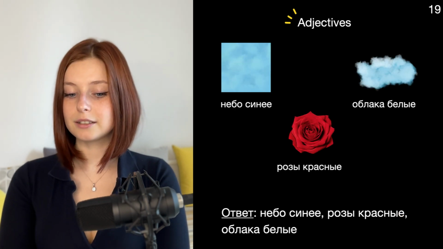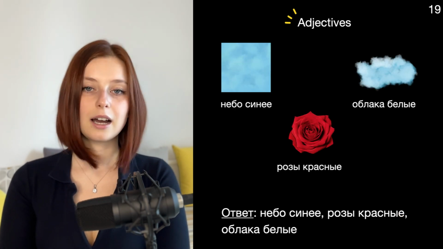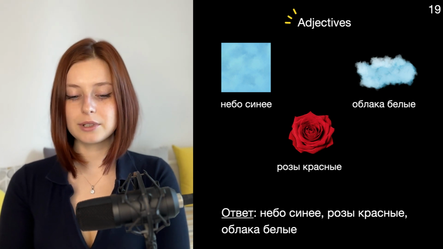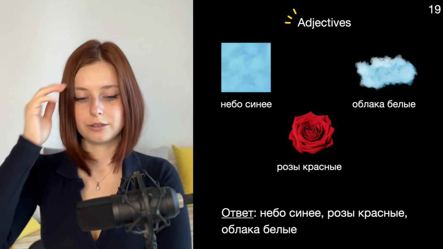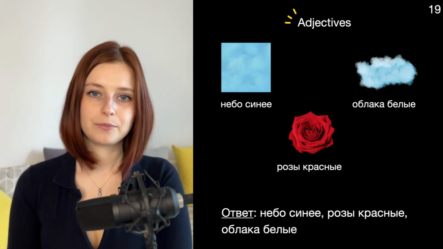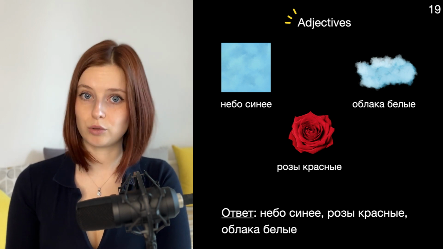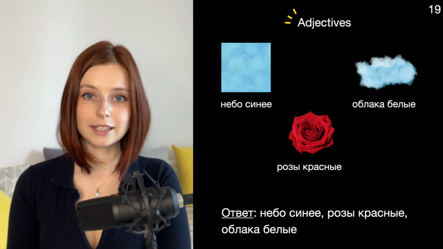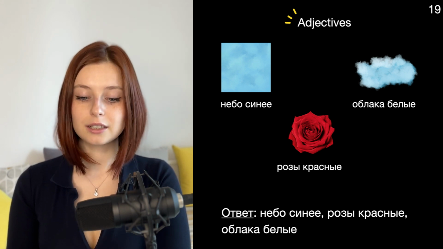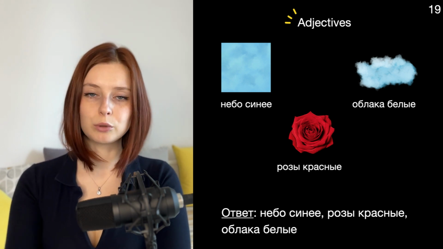Небо синее, розы красные, облака белые. This was the same question, the same grammar. So, небо, neuter. Небо синее. The sky is blue. Розы красные. This is plural.